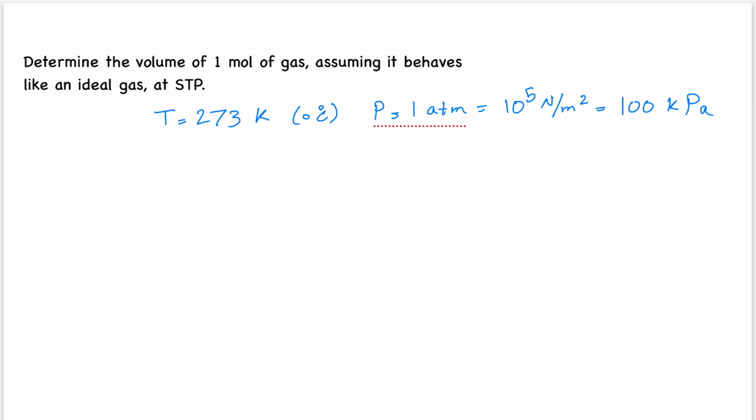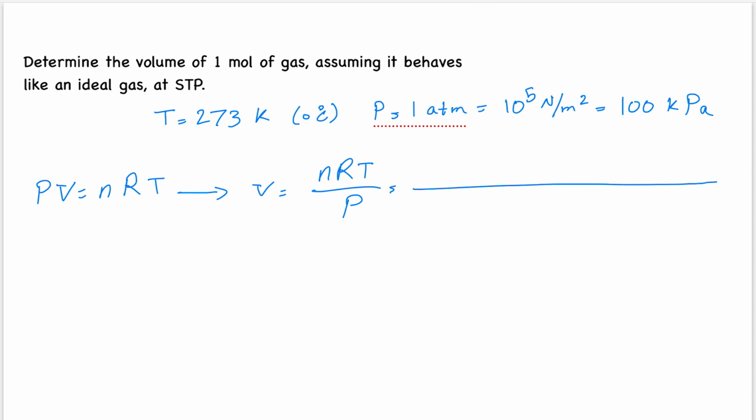So we're asked to find volume, and it behaves like an ideal gas, so we can use that important formula for the ideal gas. It is PV equals nRT, and we want to find the volume. So V will be nRT over P, which is pressure.